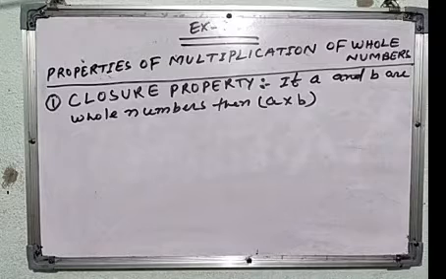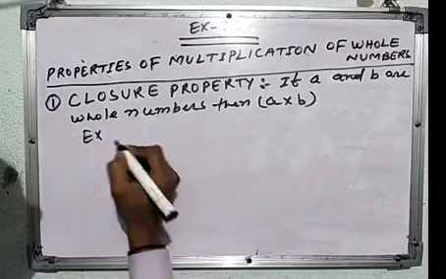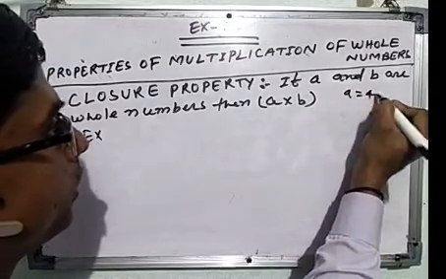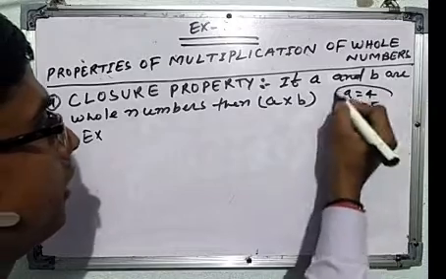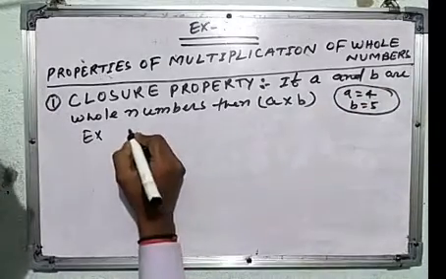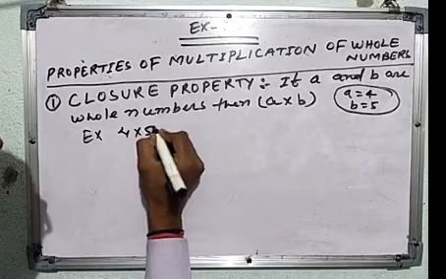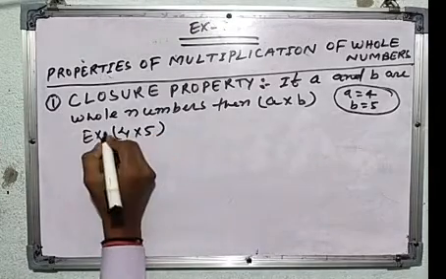It means closure property. For example, if you take the value of A equal to 4 and the value of B equal to 5, then you write A into B as 4 into 5. It means closure property. Okay.